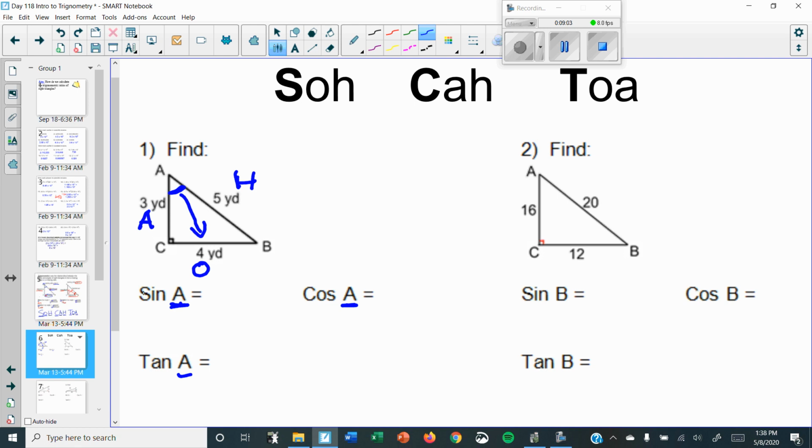Now, for sine, sine is the opposite over the hypotenuse. Well, which number represents the opposite side? 4. So do 4 divided by, now we got to write the H. Well, what's the H? 5. And there's your answer.